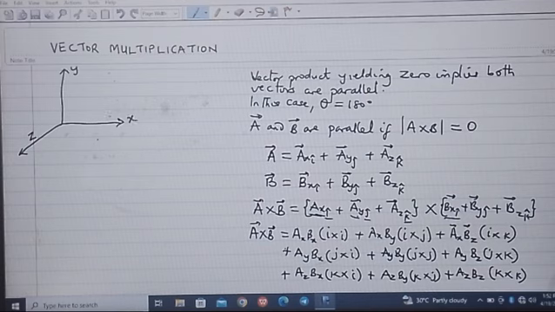The unit vector for the X axis is I, that of the Y is J, and that of Z is K. Now we know that this direction is anti-clockwise, and this direction is clockwise.